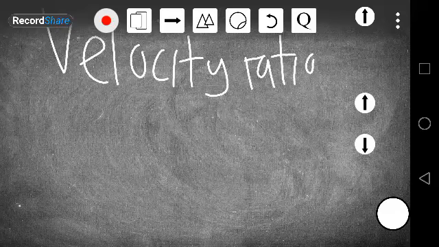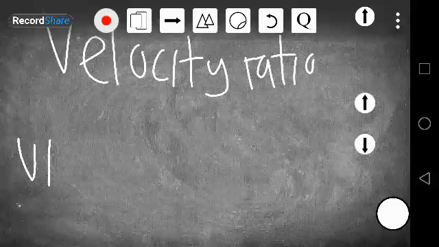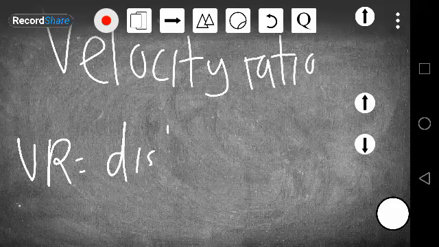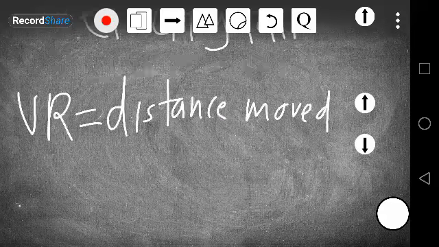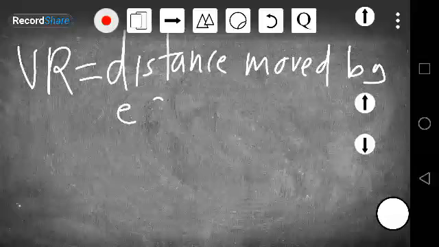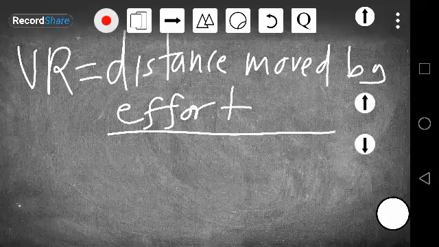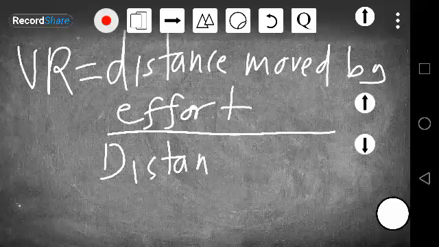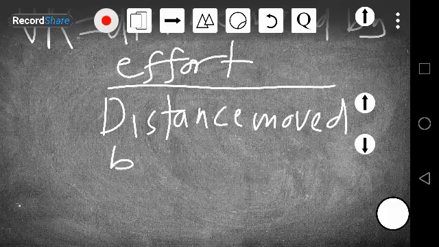So, velocity ratio is given by the formula distance moved by effort over distance moved by load, or I can just say VR equals distance moved by effort over distance moved by load.